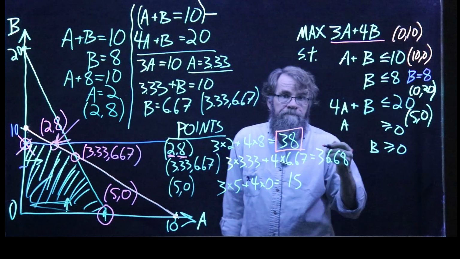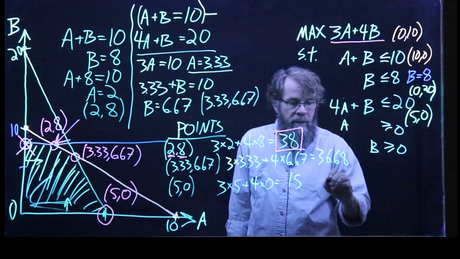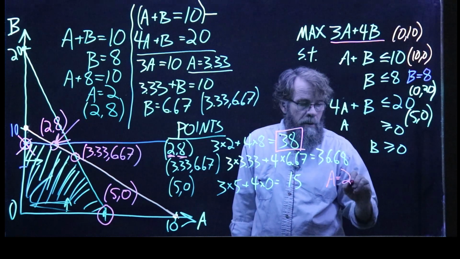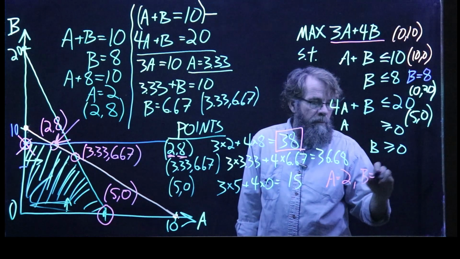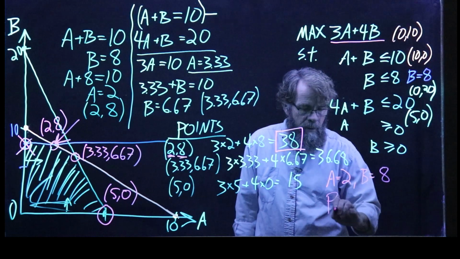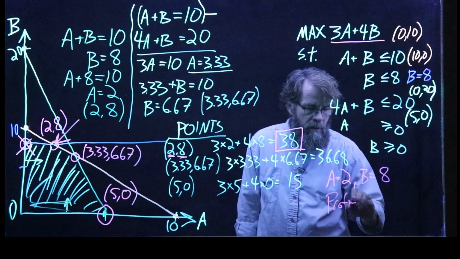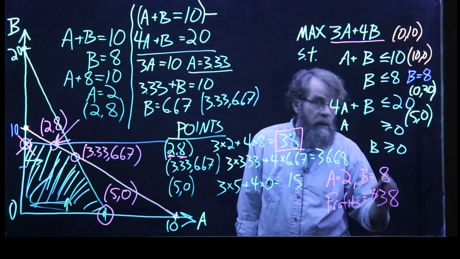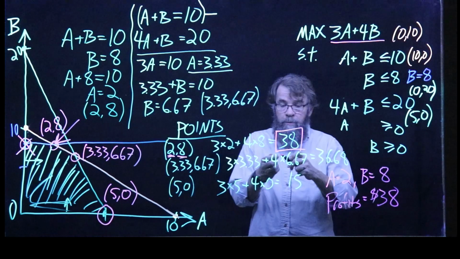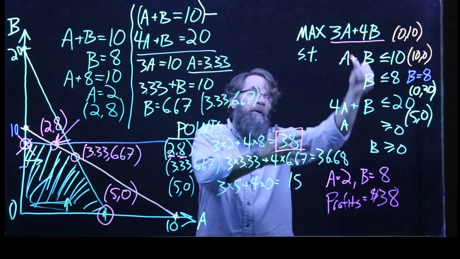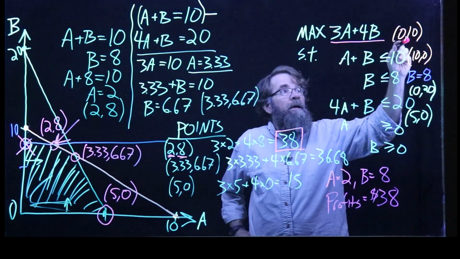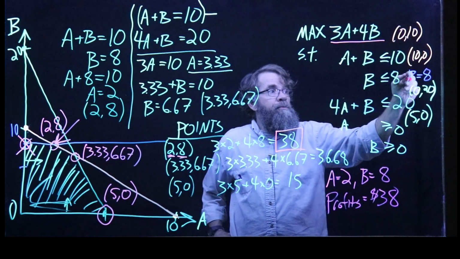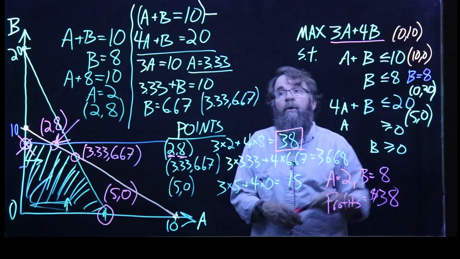And so we could say the answer is a equals 2, b equals 8, and the profits are $38. So just to recap, we had the linear program, we found the endpoints for each of the constraints: 0, 10, 10, 0, b is 8, 5, 0, and 0, 20.